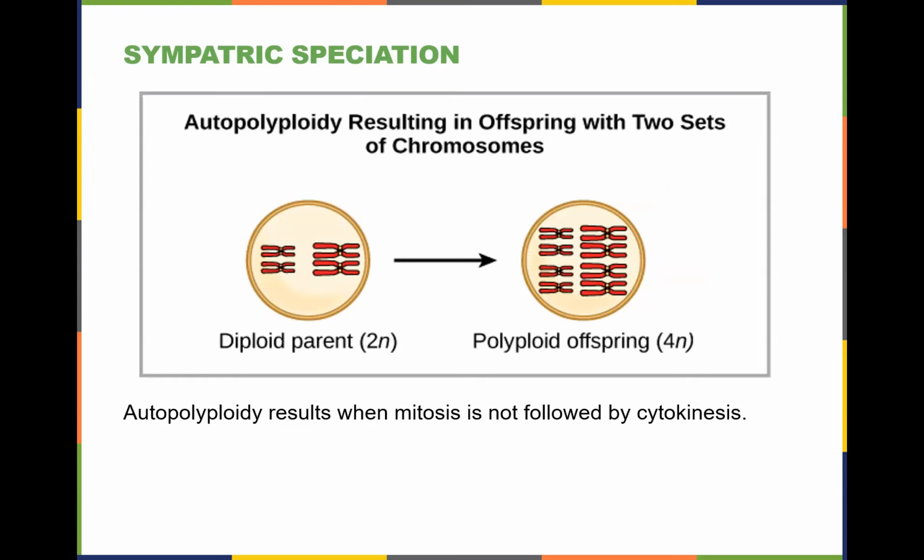This is the polyploidy, where the normal one is diploid, and then suddenly, because of a mutation, they double the chromosome and become 4N. This is what we call the polyploid. So this new species is able to reproduce.